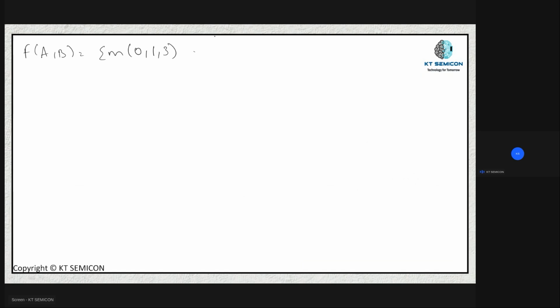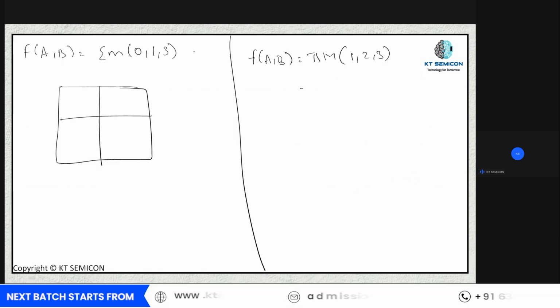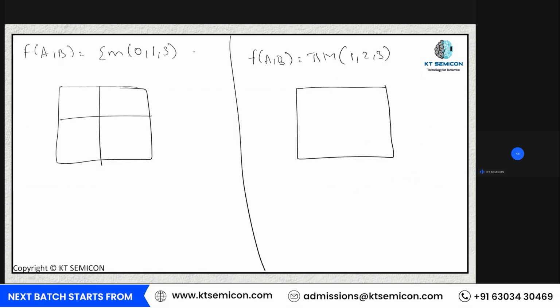And I'm also going to have f of A comma B as pi m of 1, 2 and 3. So let us draw the K-map for this. For a 2 variable K-map, I have 4 cells in both SOP and POS form of representation.